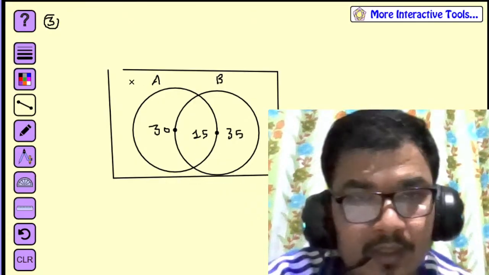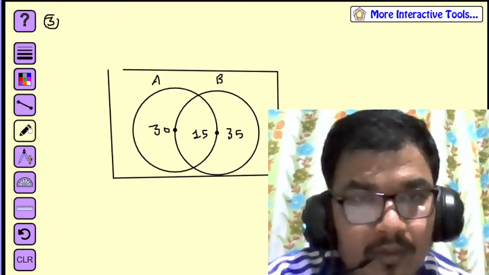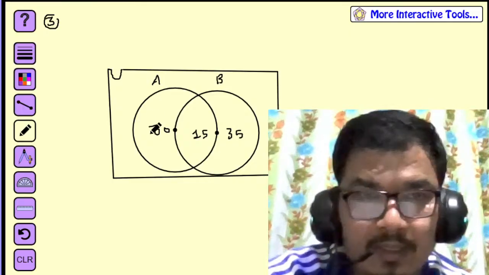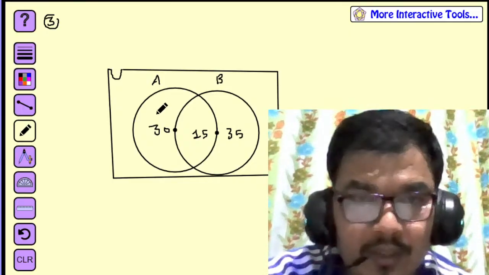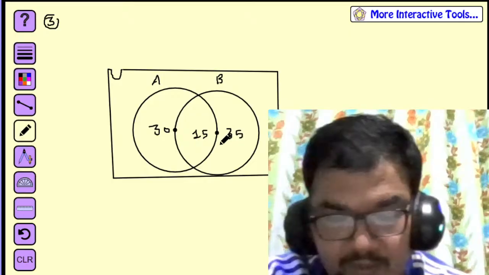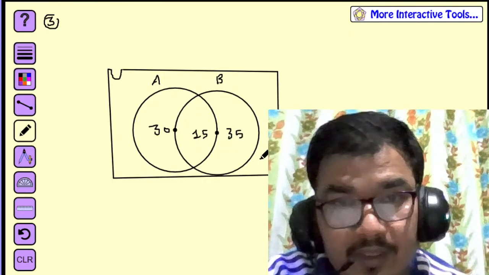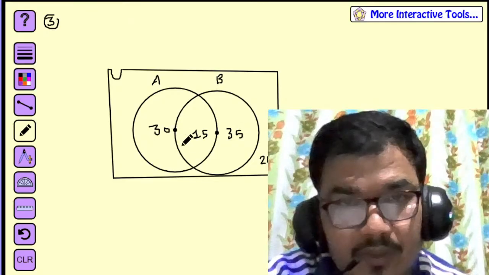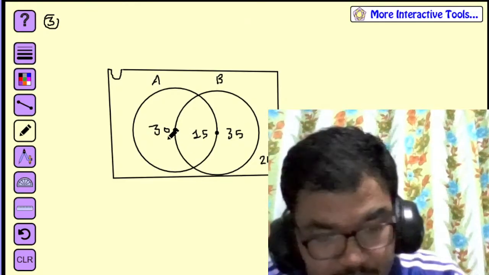Here now we can write this universal set. And if 24 is given outside, that is outside these two overlapping sets.